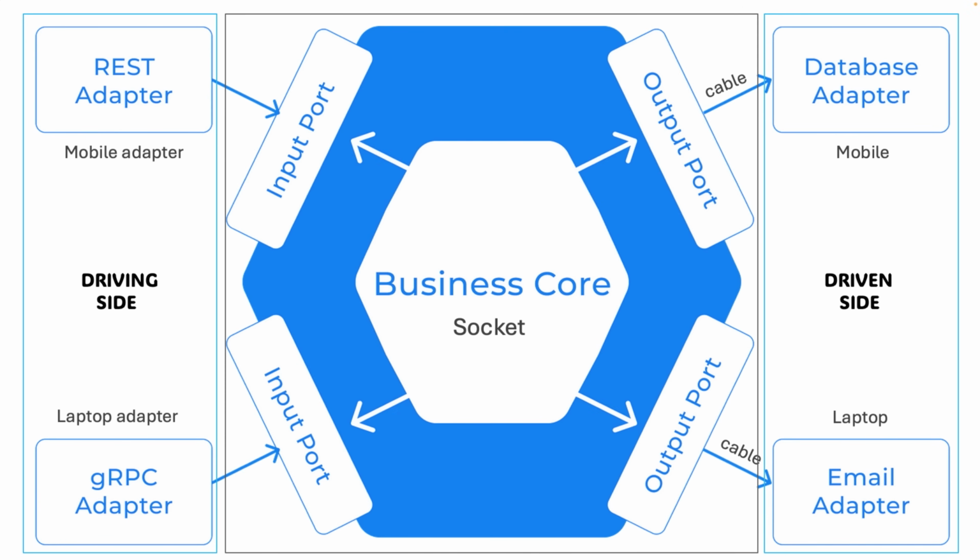The center part will be the domain section where you will keep all your business logic, input port, output port, everything. Then you can define an adapter package where you can keep your input adapters, different types of input adapter, and output adapters and their types. So this is how you need to create a project structure.